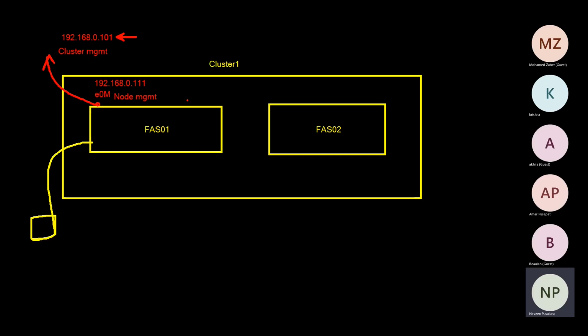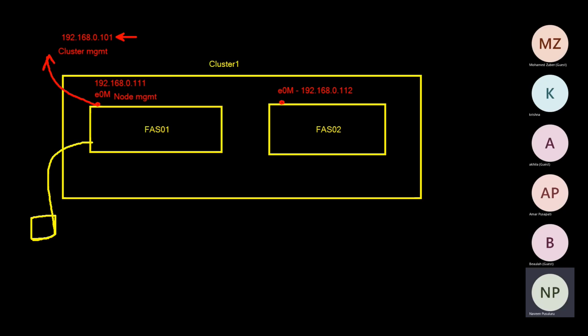that's it. Later, whenever you're adding the second controller, again you will configure the node management on top of this controller as well. You'll select the E0M as node management port, and you'll assign another node management IP, 112, for this particular controller.